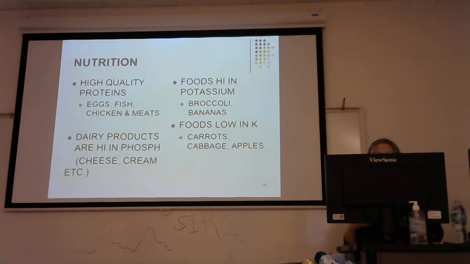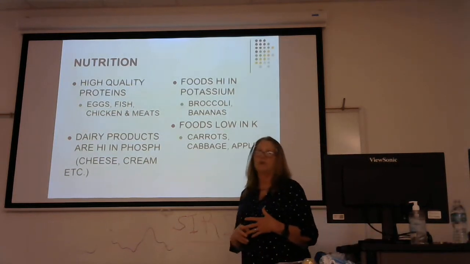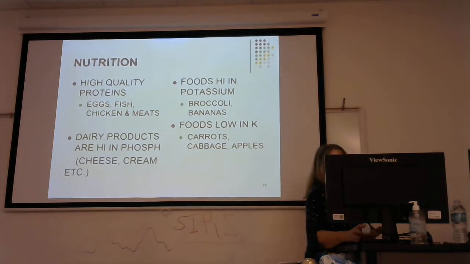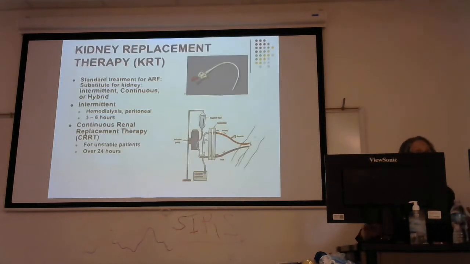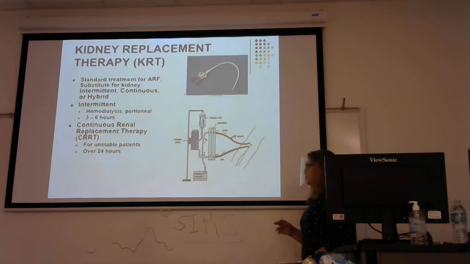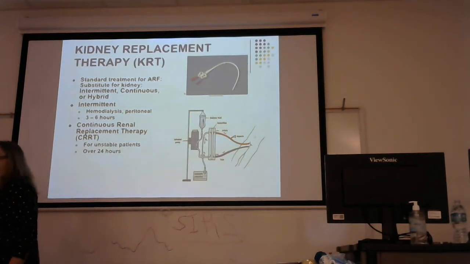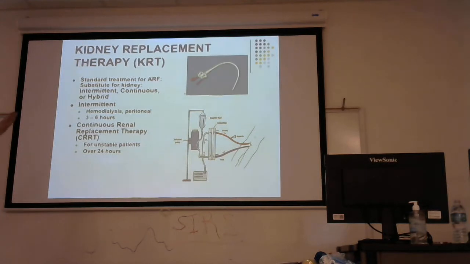But some of them will end up needing some type of renal replacement therapy. Now there's a couple of ways we can do this, but usually with acute, they may start out with a central venous line that has double lumens so that you can have an input and an outtake.